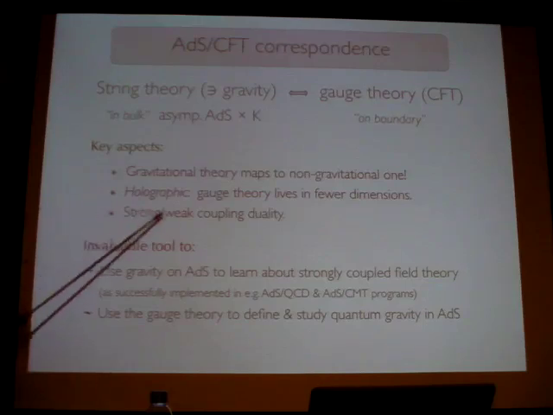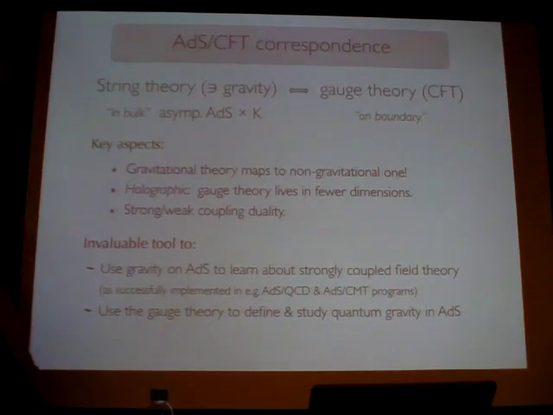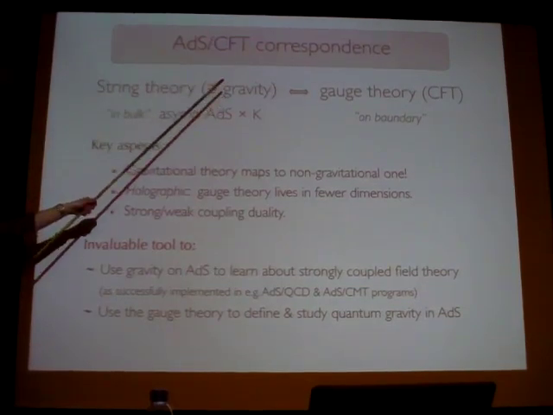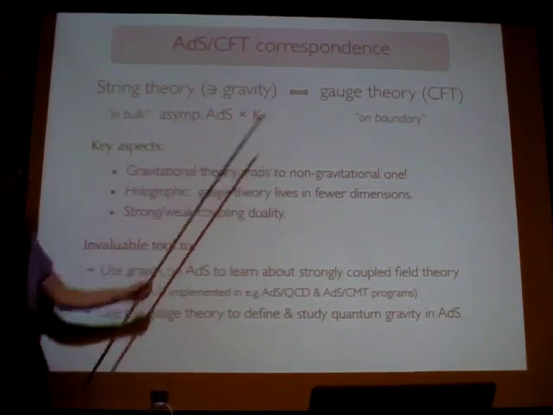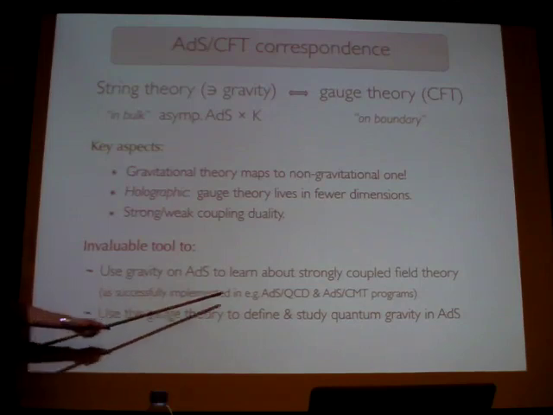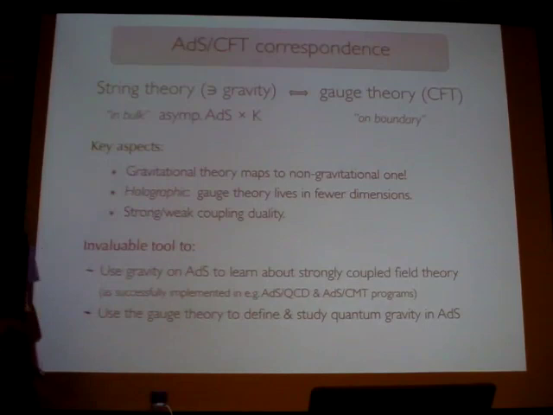Because it's a strong-weak coupling duality, when the string theory is under control, the field theory is strongly coupled. And so we can use calculations in gravity to learn about strongly coupled field theory, as has been utilized and very successfully implemented in these AdS quantum thermodynamics and AdS condensed matter theory programs.